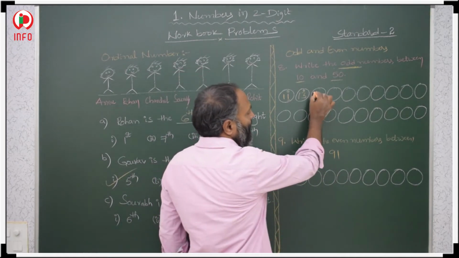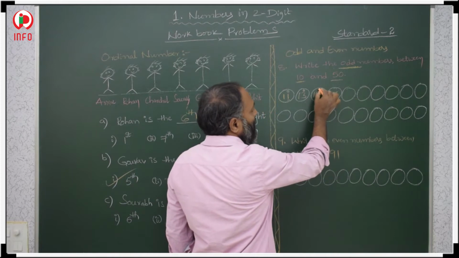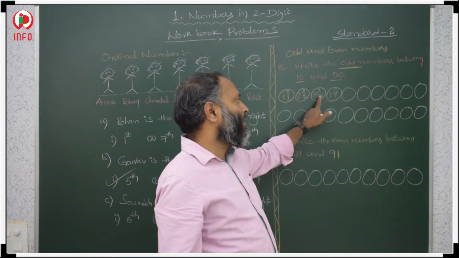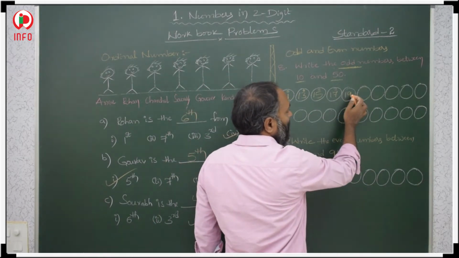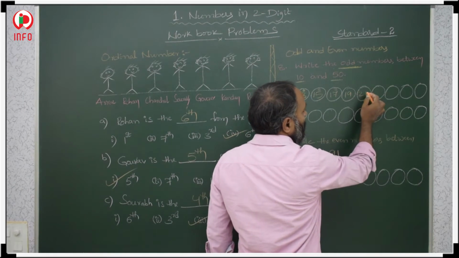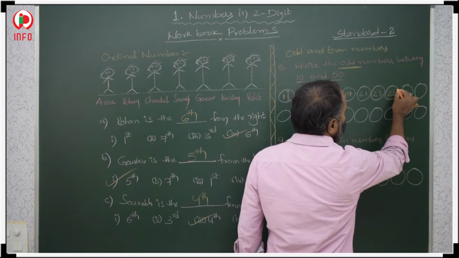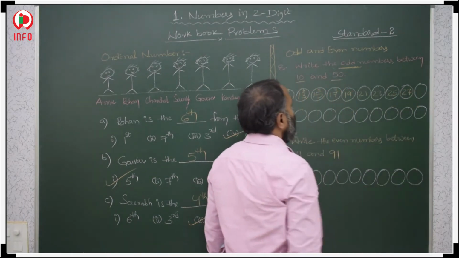Then after 13 comes 15, then 17. In the ones place 5 is there, 5 is odd; 7 is odd; and 19, 9 is odd; 21, 1 is odd; 23, 3 is odd; 25, 5 is odd; 27, 7 is odd.